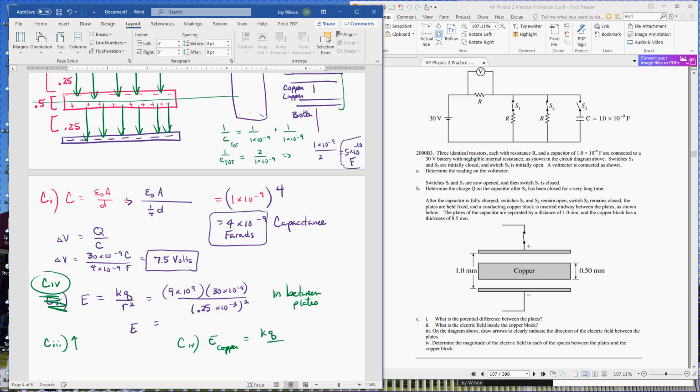It would be KQ over 0.50 millimeters squared. So this one is the one for the electric field where there's the gaps. This is the in between the plates, and then the bottom one is in the copper block. So I switched. This one is C2 and that one is C4. But it works just like a regular capacitor problem.